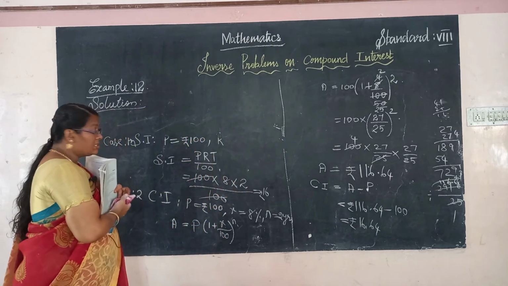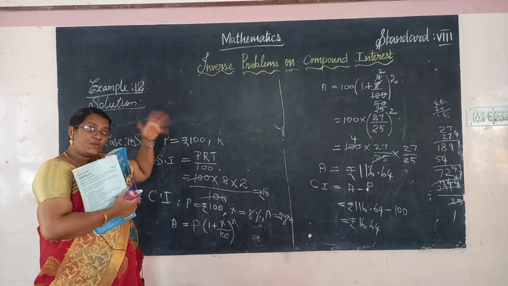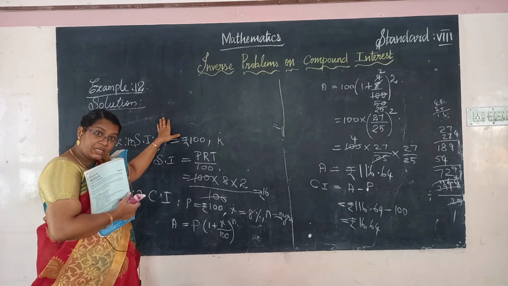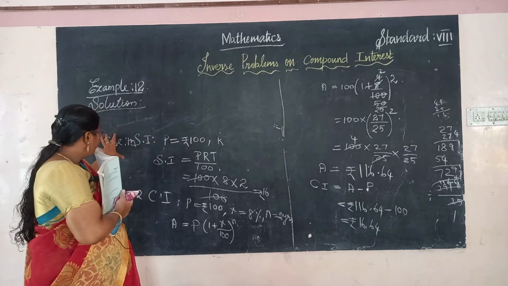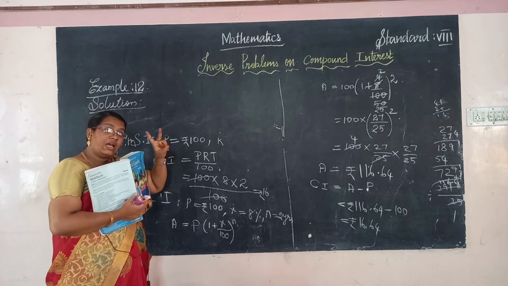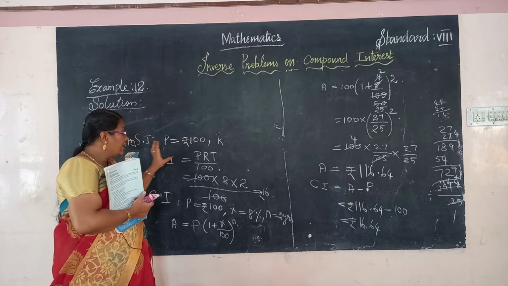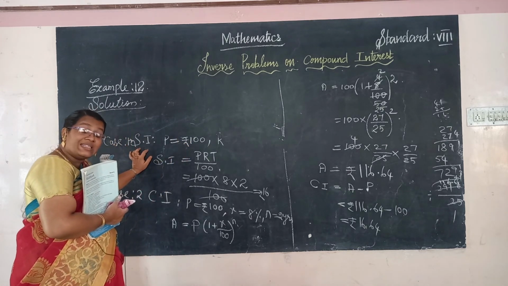Do you understand this? The principal amount we didn't know, so we have considered the principal amount as 100. We have considered two banks. In the first bank we have deposited that amount in simple interest.